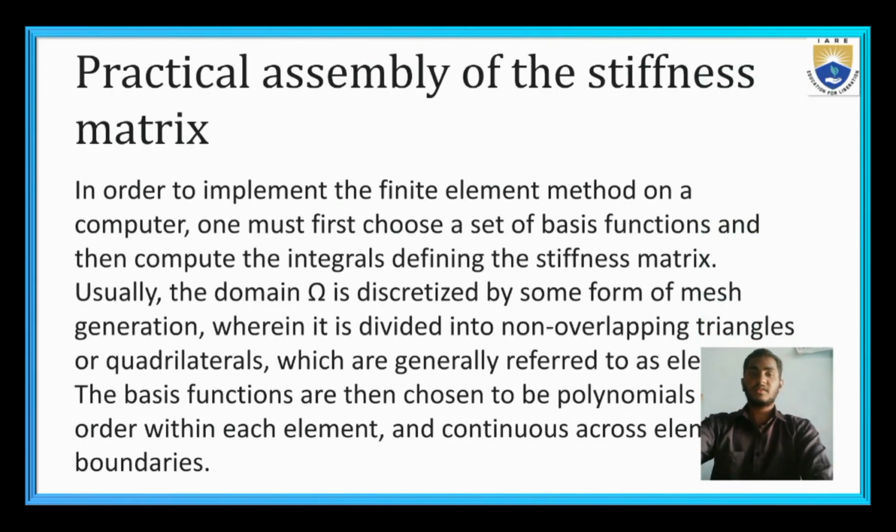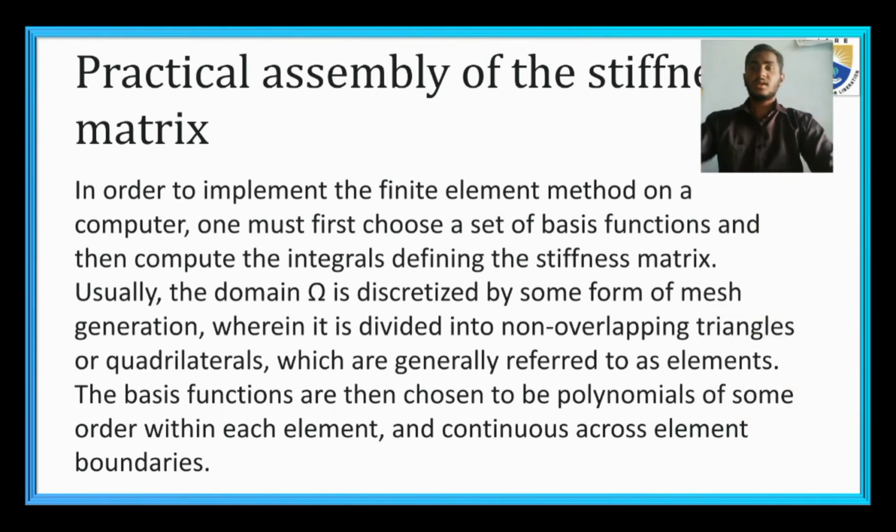Practical assembly of the stiffness matrix. In order to implement the finite element method on a computer, one must first choose a set of basis functions and then compute the integrals defining the stiffness matrix. Usually the domain omega is discretized by some form of mesh generation, wherein it is divided into non-overlapping triangles or quadrilaterals, which are generally referred to as elements.